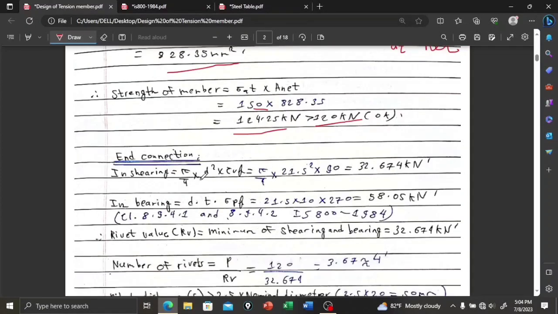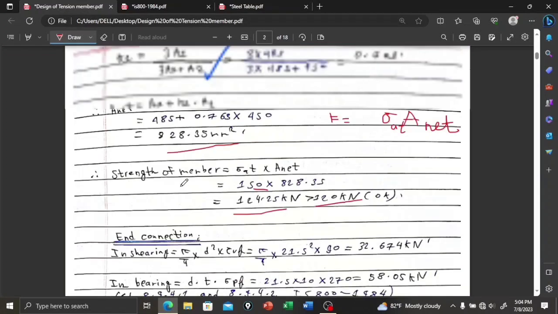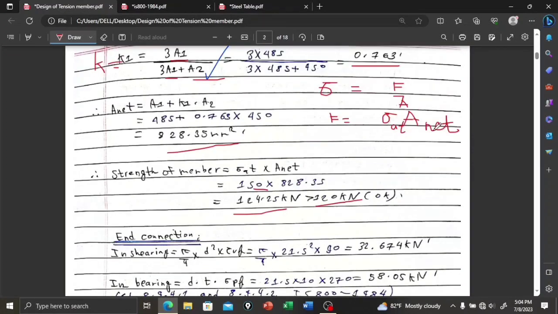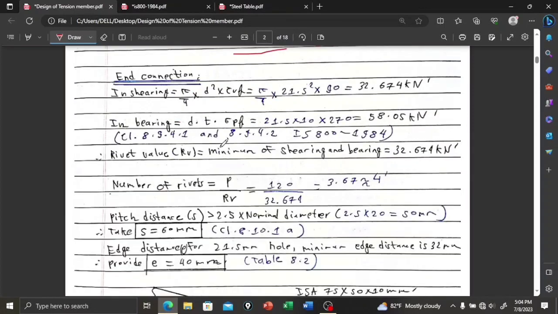Okay. And in connection, in shearing, the formula is force equals sigma into area, and sigma in this case in shearing is tau BF, and area is pi d square upon 4.